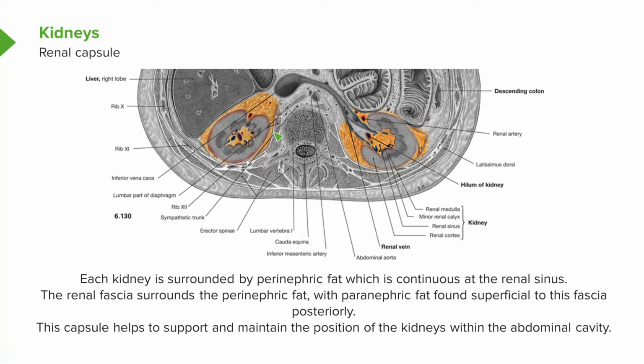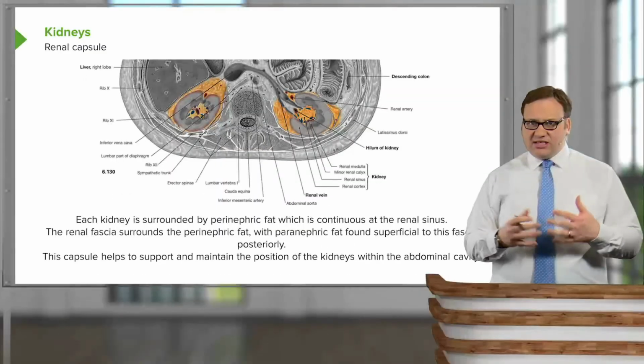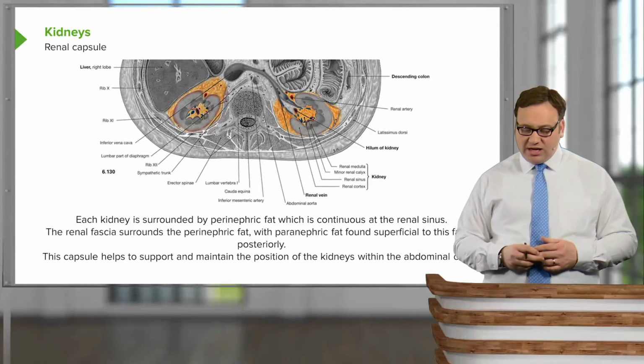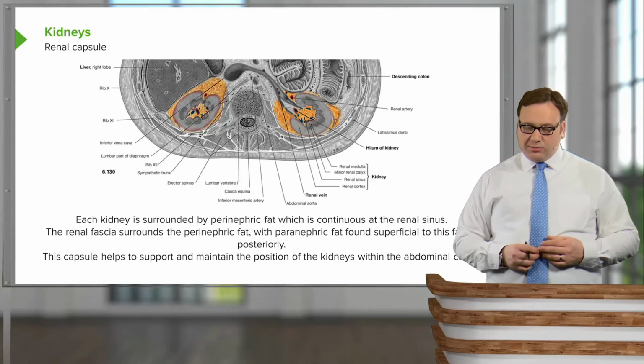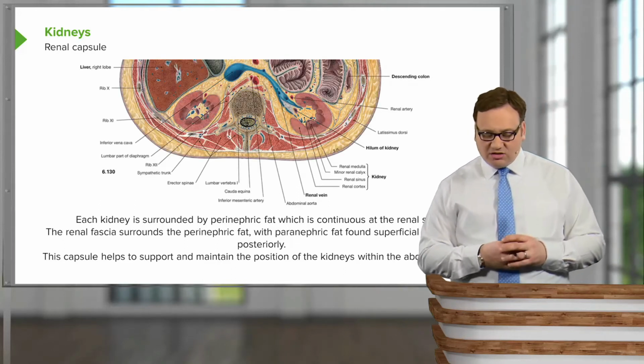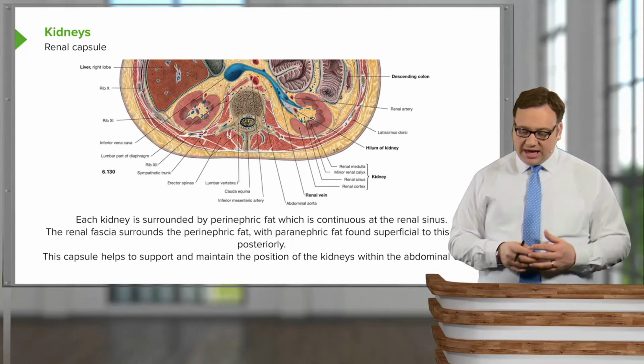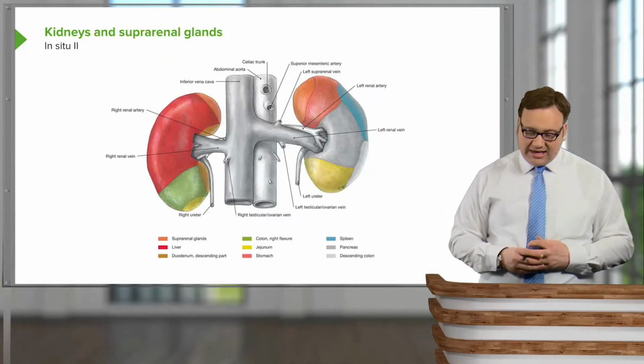And then lateral, superficial to the renal fascia, we have paranephric fat. And this is found superficial to this fascia, and it's positioned more posteriorly. This capsule helps to support, with its fat that's surrounding it, and maintain the position of the kidneys.